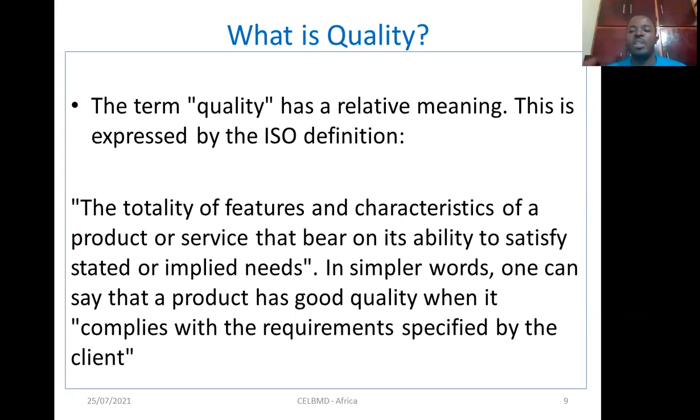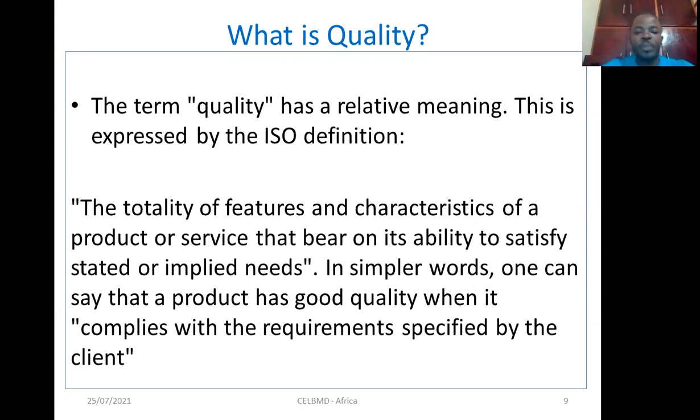The combination of the features, the characteristics, the nature of a product or a service that qualifies it to satisfy customers' implied or expressed needs.